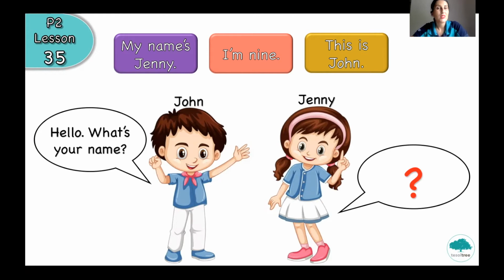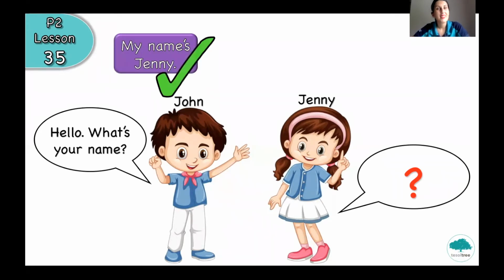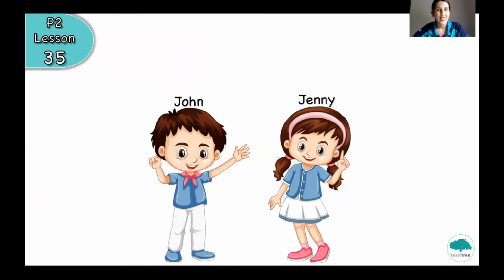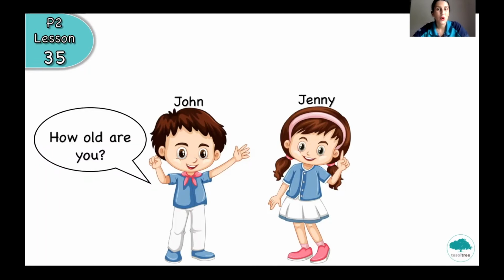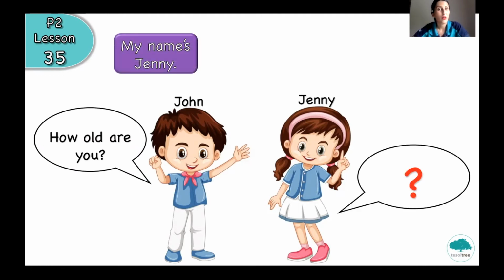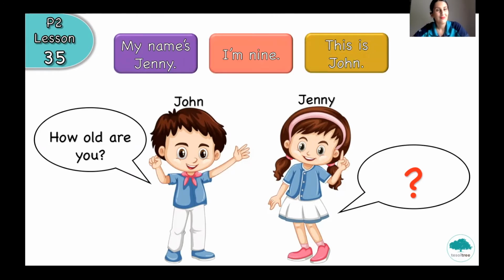Hello, what's your name? My name's Jenny. Very good. So that's the correct answer. My name's Jenny. Let's continue. Now John asks Jenny, how old are you? And we have to choose the correct answer for Jenny.